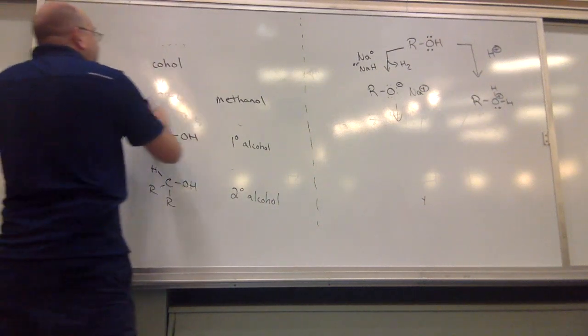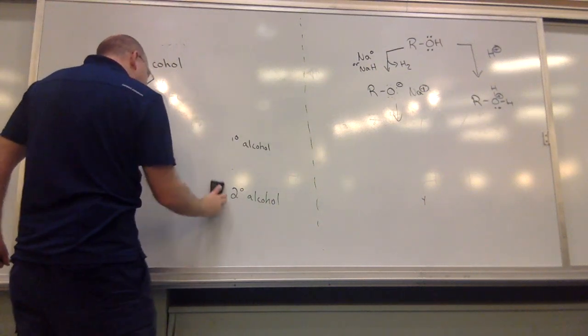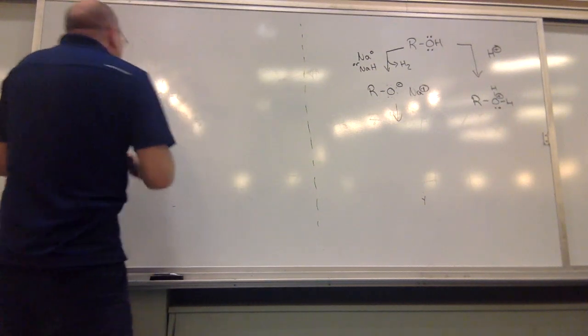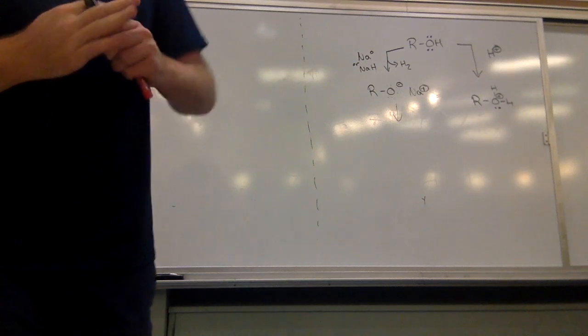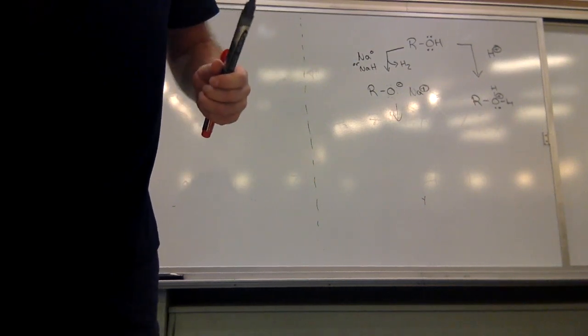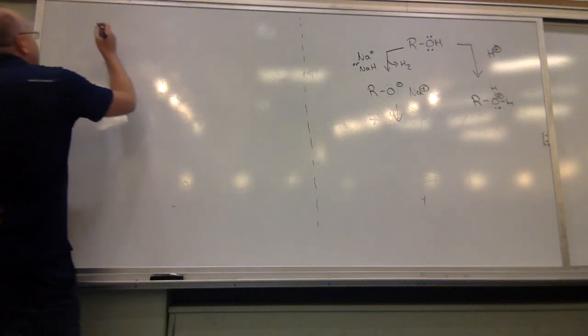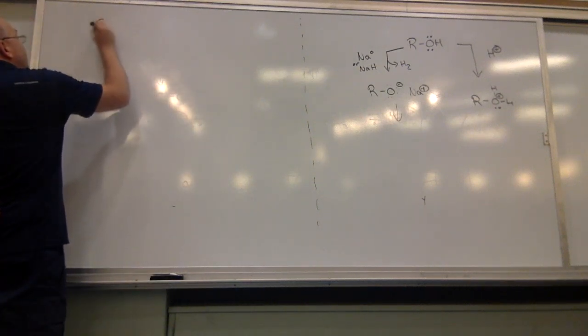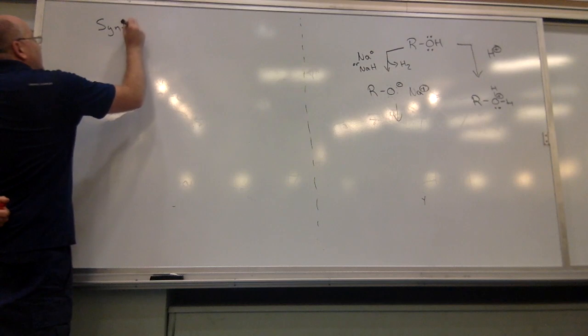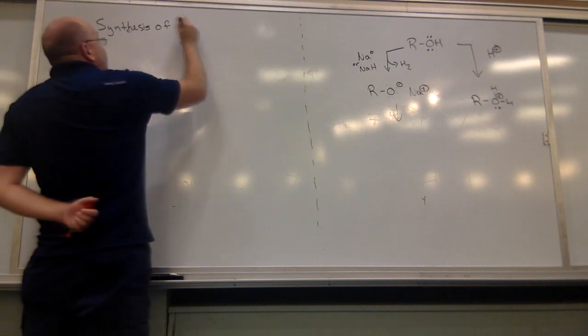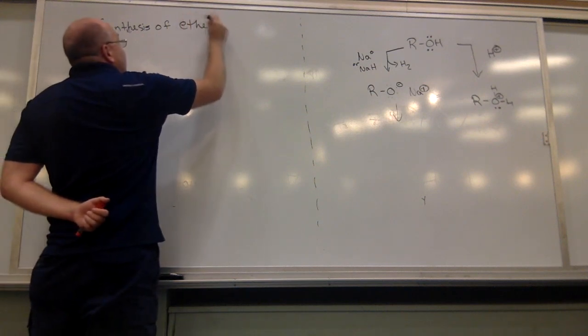Let's start with this. So let's talk about synthesis of ethers. I'm going to show a couple different ways that we can do this, and we'll talk about the advantages and disadvantages of each.